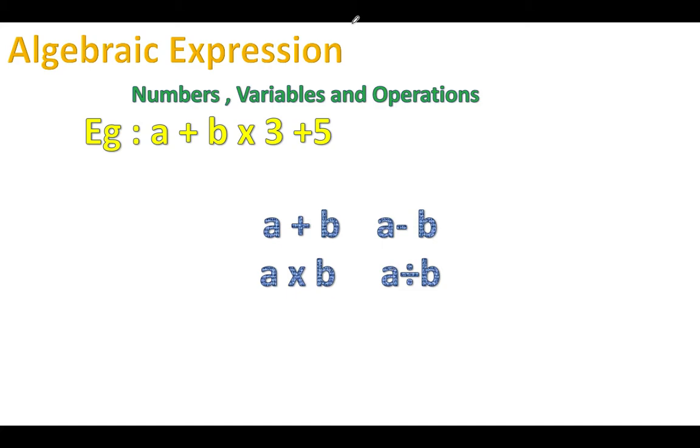We can use our four operations to group the variables together. If you have to write a sum, you will write a plus b. Subtraction, you will write a minus b. Multiplication as a into b, and division as a divided by b, like we usually do with numbers.